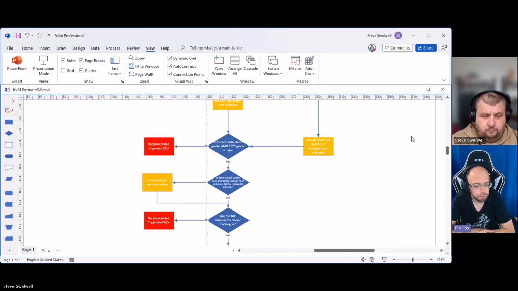So if you're not concerned with a high density requirement, it's often better to use the larger systems.